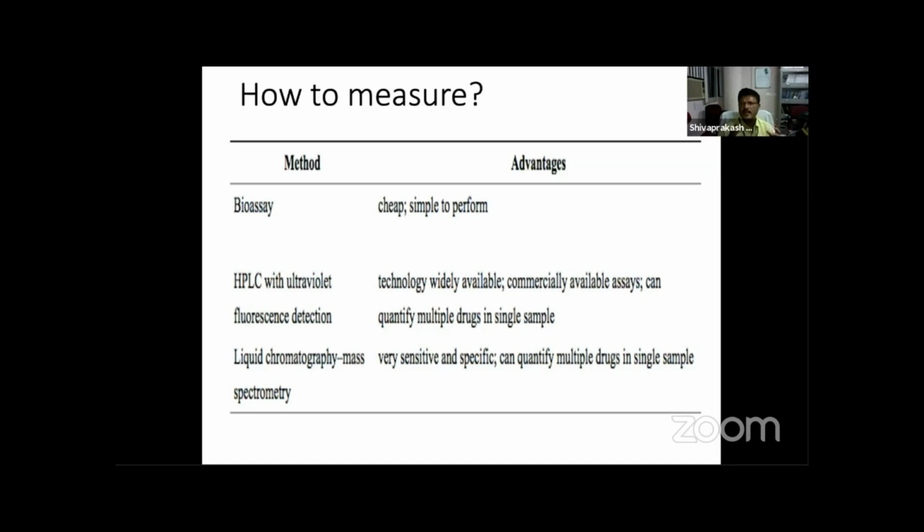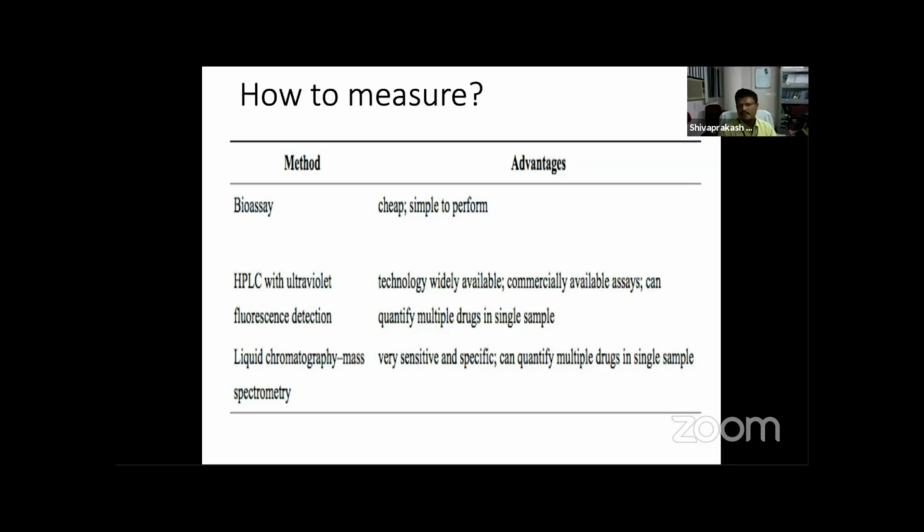But the gold standard for doing TDM is HPLC. The only problem with HPLC is that if you have a machine, you should technically have an experienced person. If you have a machine, you can do it within 2 hours or so, and that will be easy.